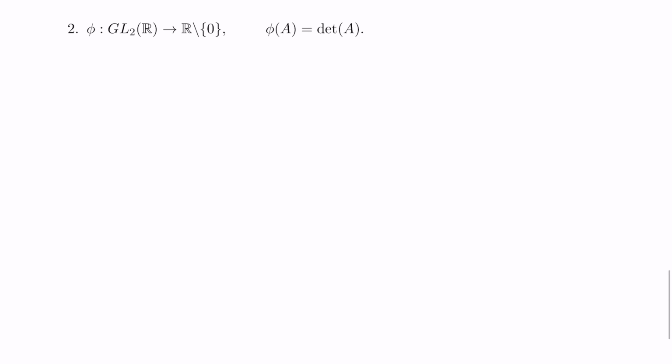So here we have a homomorphism we talked about earlier as well. It maps the 2x2 invertible matrices with real entries to the non-zero reals under multiplication, where phi of an element is the determinant. The first question is whether or not phi is onto.